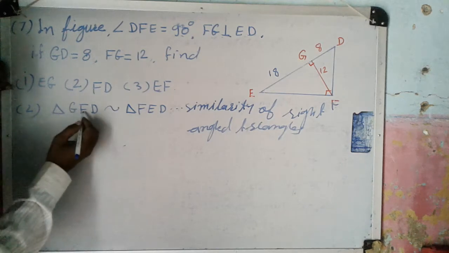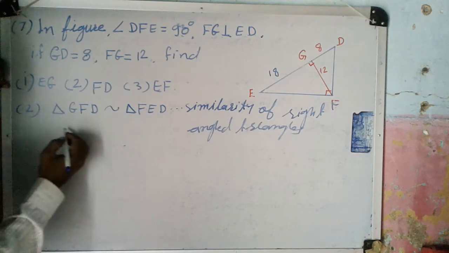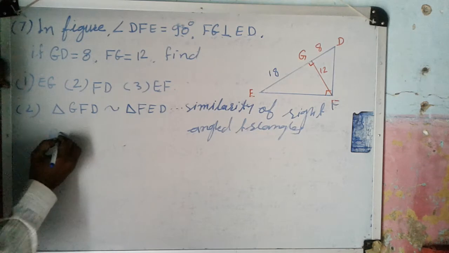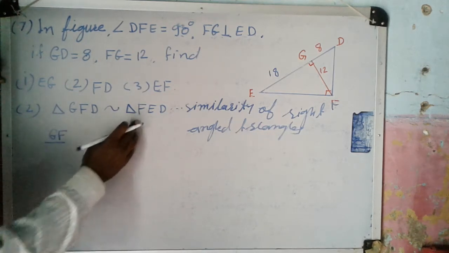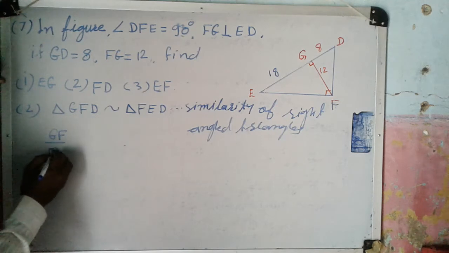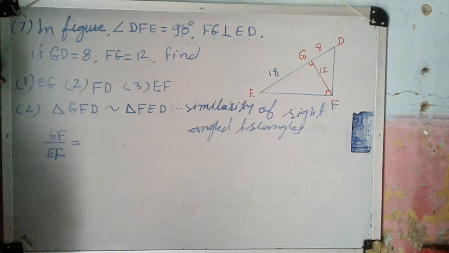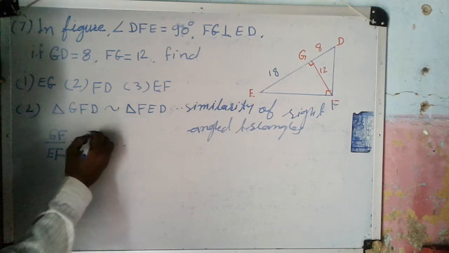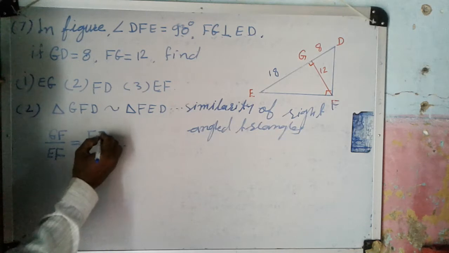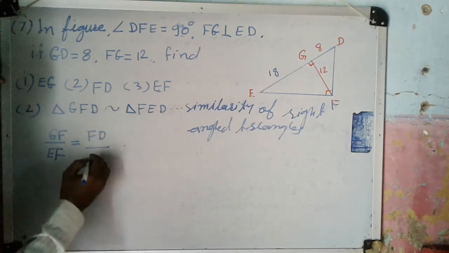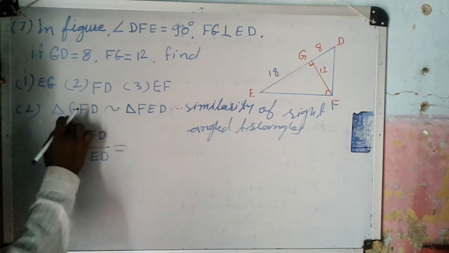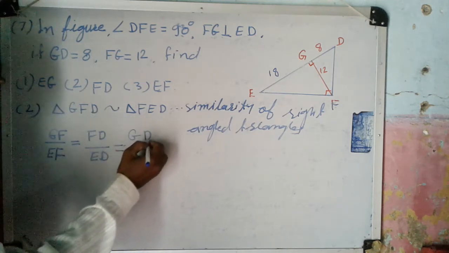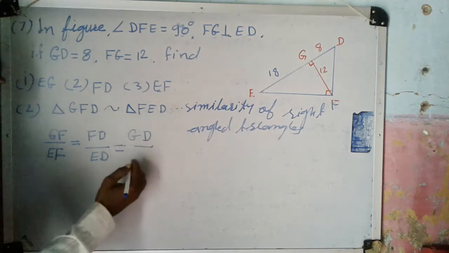Therefore GF upon EF is equal to FD upon ED is equal to GD upon FD.